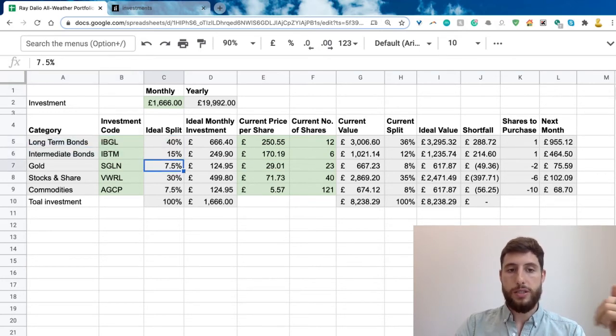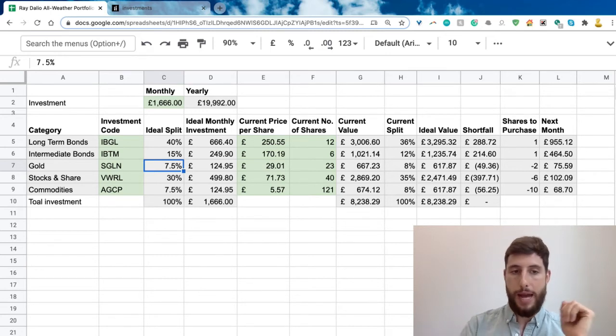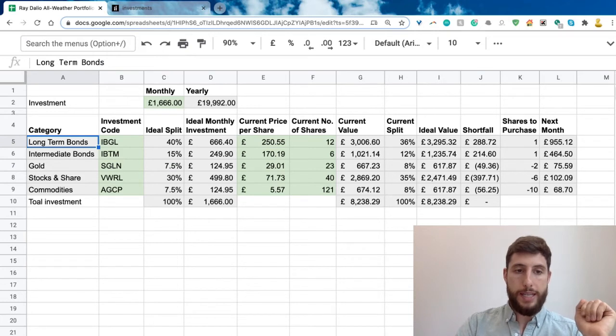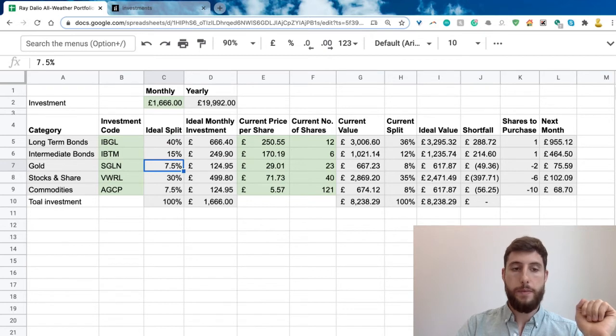So it's important to recognize the differences in these particular items, how much they move when they do, and how much they're impacted by each other. So for example, if bonds went up by 10%, but gold went down by 30%, if you had an even split of say 20% in that and 20% in gold, then overall you would still be down because the gold amount would have gone down way more than the bonds.